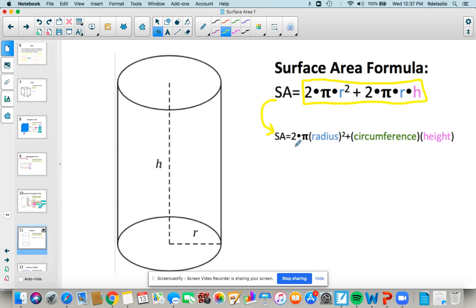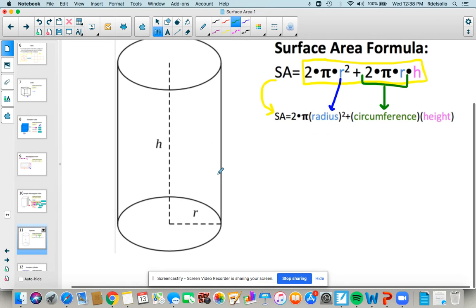So that means you're doing 2 times pi times the radius, because r stands for radius, and that's going to be squared, plus this right here, 2 times pi times r. This is the formula for circumference, which we talked about last week. So plus circumference times height, okay?